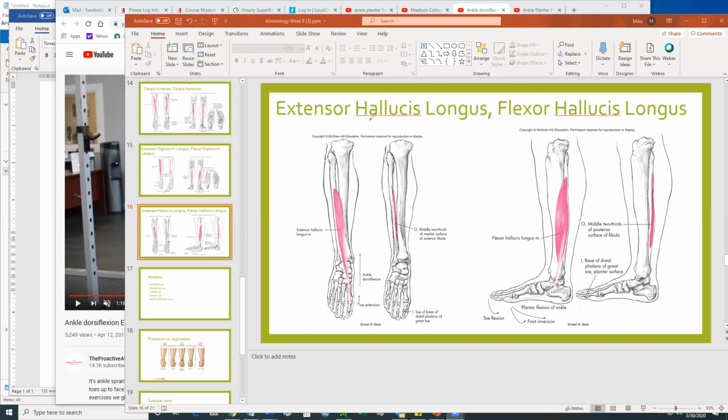So extensor hallicus and flexor hallicus, all they do is raise the big toe or curl the big toe. Now, yeah, they do a little bit with, say, dorsiflexion, plantar flexion, foot inversion. Don't worry about that. That's a very, very nuanced movement, and it's really just because of the positioning of their origination point. The main thing you want to remember is that your hallicus muscles are going to either extend the big toe or they're going to flex the big toe. That's the big thing.